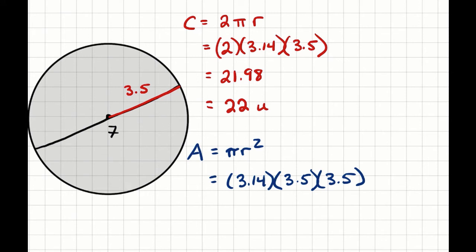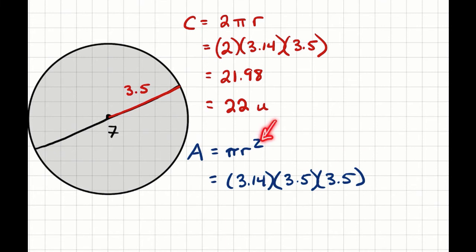I suggest in your own work and notes that instead of trying to use some sort of squared key on your calculator, you just multiply the value by itself, because I think that gives you a better understanding of the differences between circumference and area. If you also show it in your work like this, it's very easy to see where you've made a mistake.